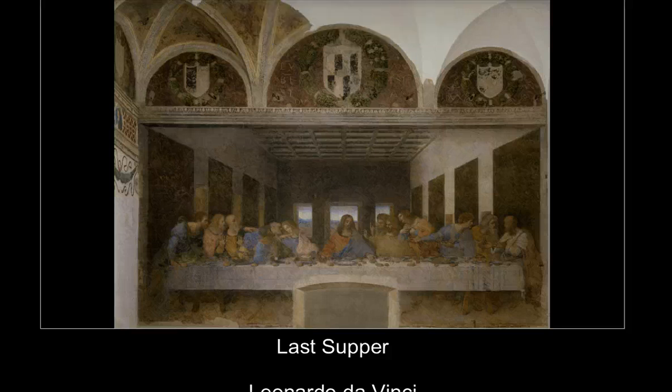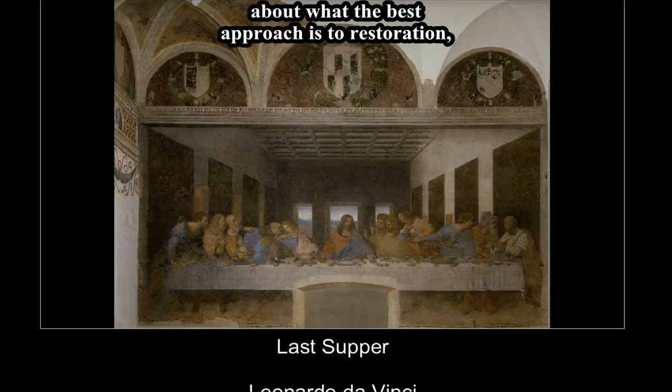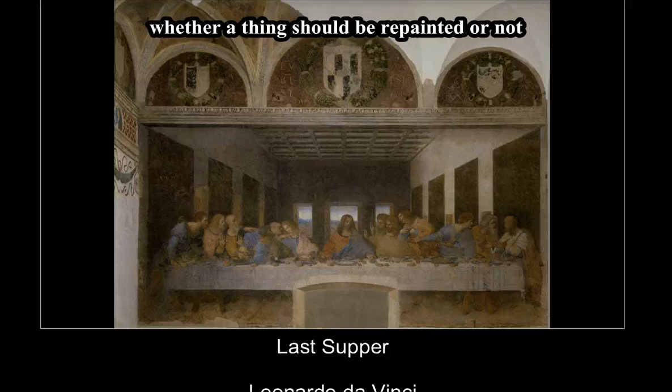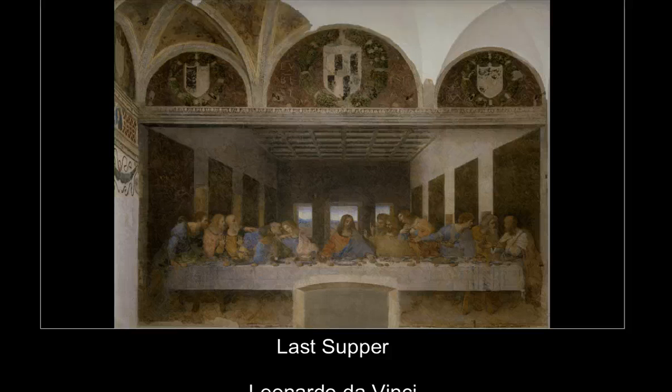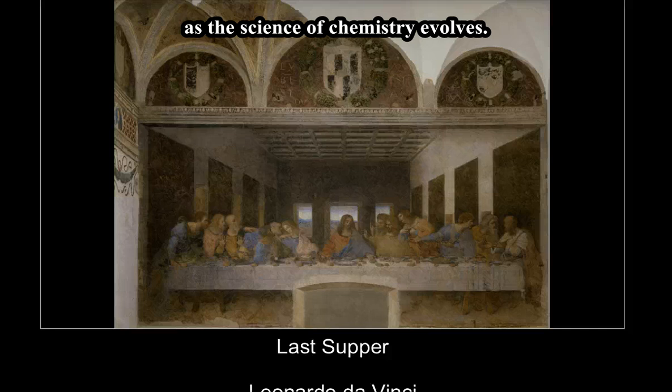people, we change our minds about what the best approach is to restoration, whether things should be repainted or not, as the science of chemistry evolves. It has an enormous impact on conservation. New techniques are invented based on those discoveries in chemistry that help us clean the work without destroying it, and so forth.